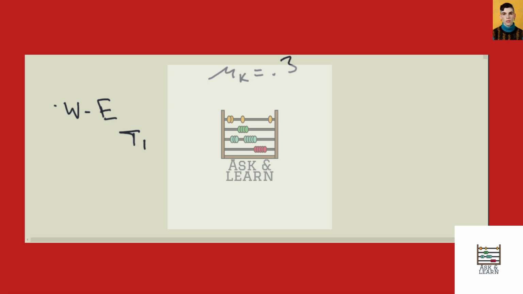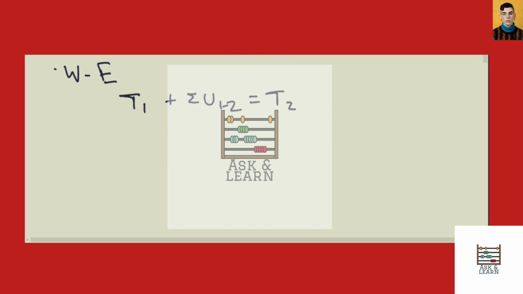So we can use the work energy principle, which is the initial kinetic energy plus the work being done is equal to the final kinetic energy. Now let's expand this a little bit.